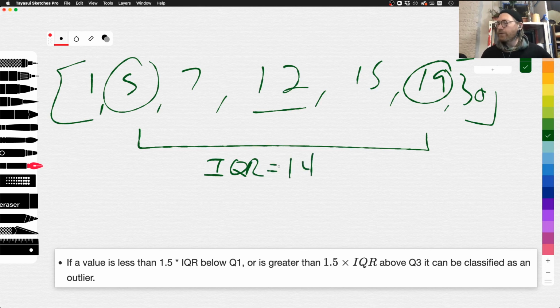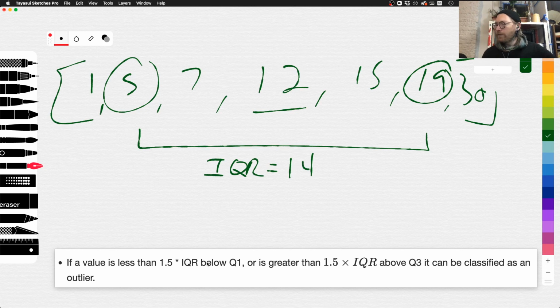Our IQR is 14. Now, if we want to decide a value is an outlier by this metric, 1.5 times the IQR, then we can look at the values in this data set and determine if we have any outliers, right?